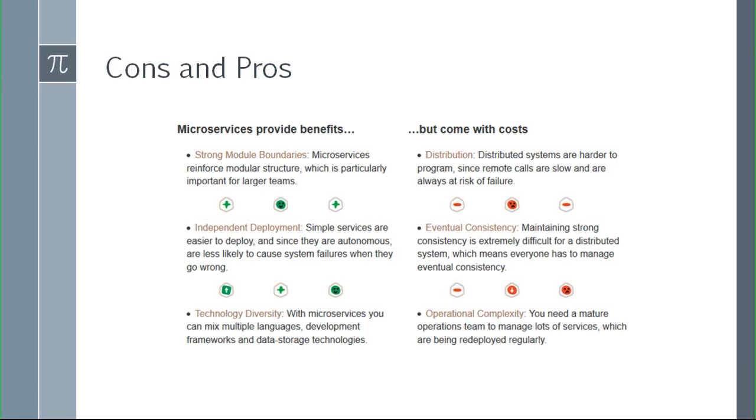Another pro of microservice architecture is that each service is independently deployable. So when you design a microservice architecture with simple enough services, each of them is easily deployable and also autonomous.